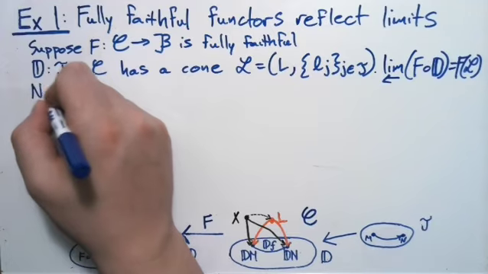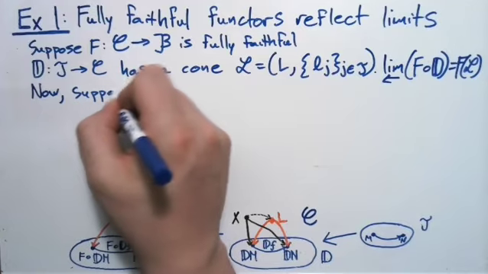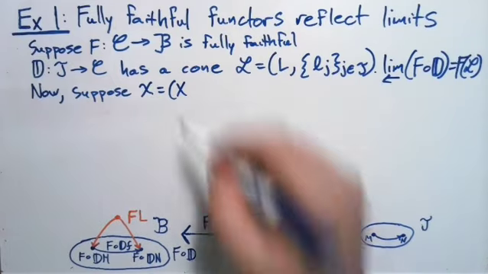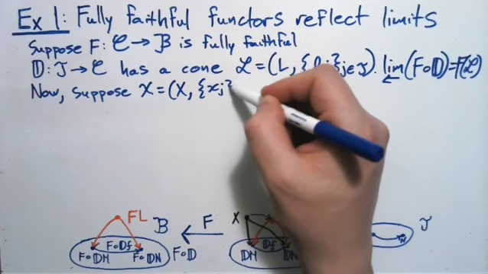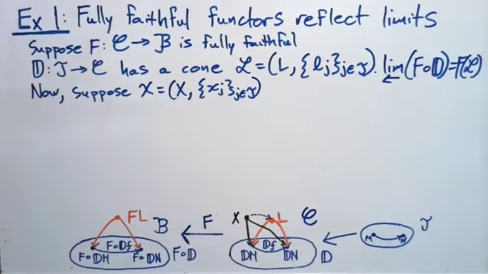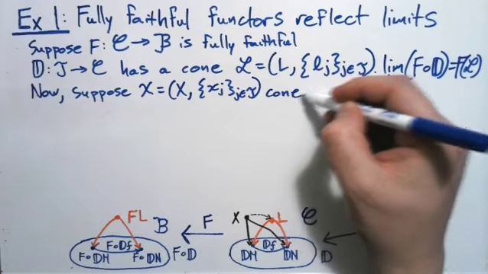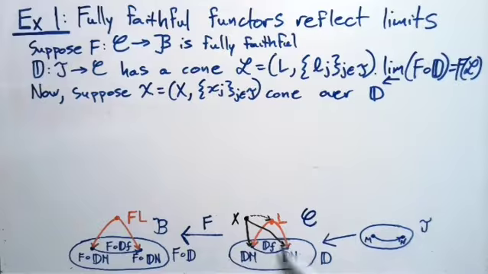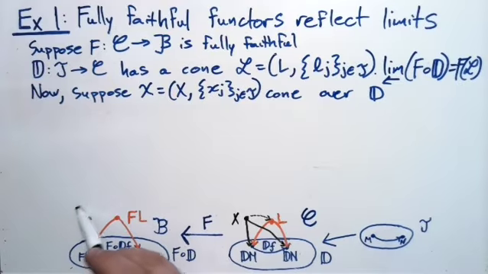So now suppose X, which consists of a vertex X and legs XJ for every J in J, is a cone over D. Well, then if X is a cone over here, then F applied to X, so that's going to be F of X, and then the image of these legs here, that is also going to be a cone over the image of this diagram, right?